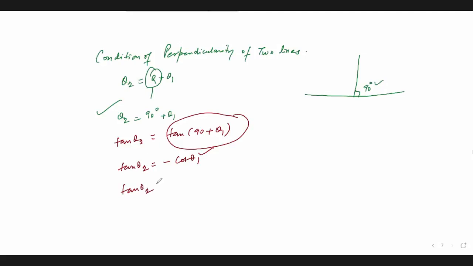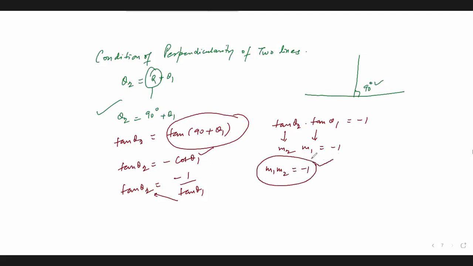It is the reciprocal of tan theta 1, so minus 1 upon tan theta 1. If I send tan theta 1 this side, I get tan theta 2 into tan theta 1 is equal to minus 1. That means, what is this? This is M2, and this is M1, so M1 M2 is equal to minus 1. That means if the product of the slopes of both the lines is minus 1, then both the lines are perpendicular to each other.